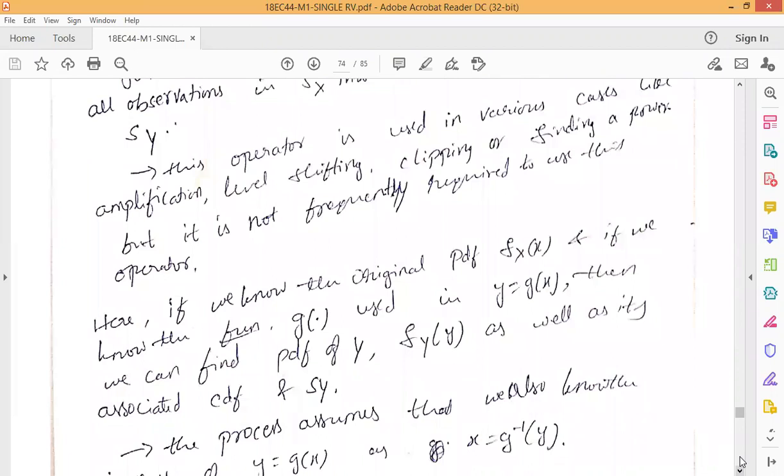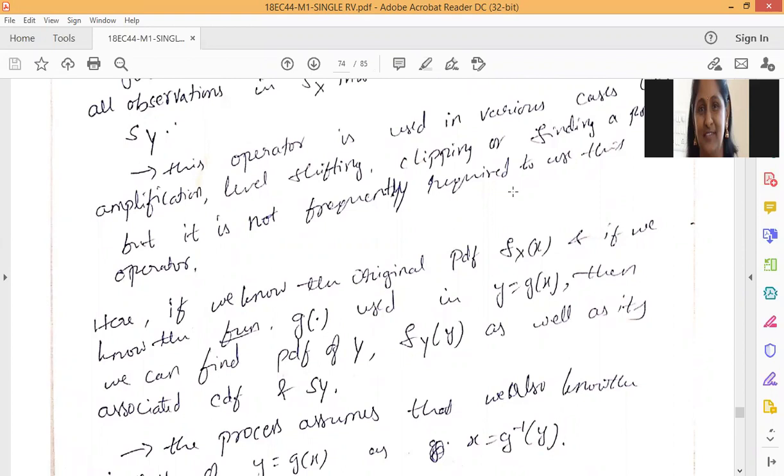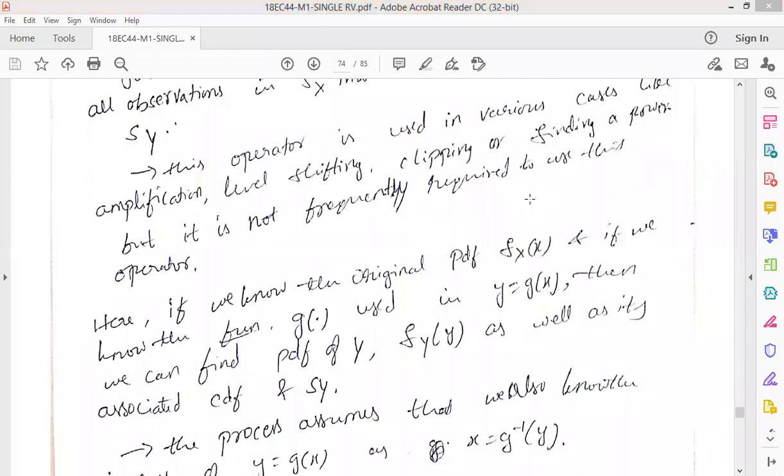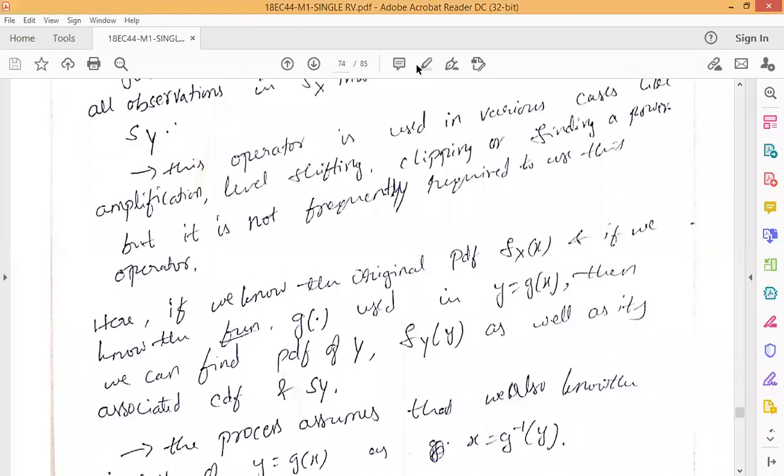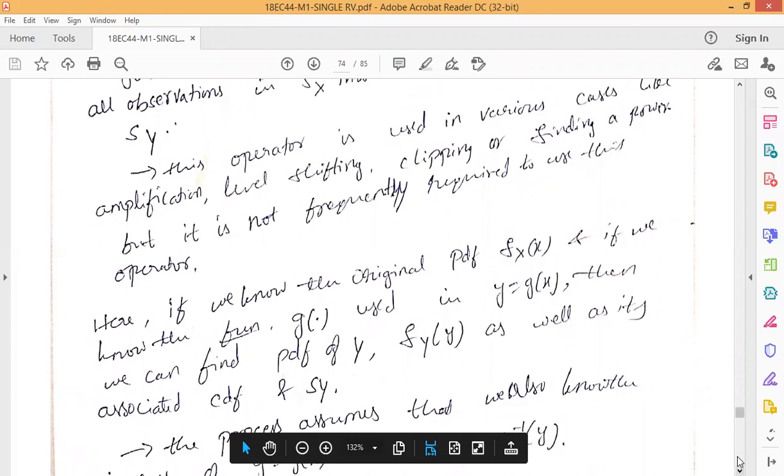Now the main agenda in functions of a single random variable is to demonstrate the following. Suppose we know the original PDF fx of x, and also we know the function g of dot, which is nothing but a function of a random variable, used in the case of y is equal to g of x.